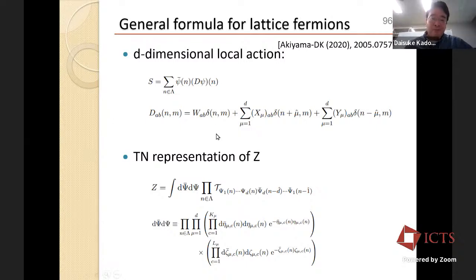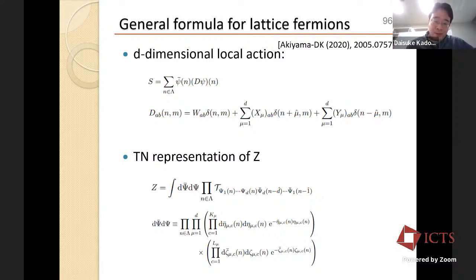So for a given Dirac operator, we can derive a Grassmann tensor network representation of the partition function, as I explain on the next page.